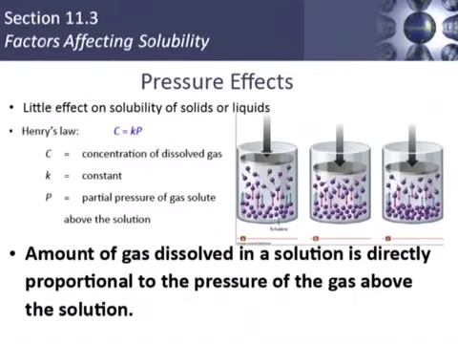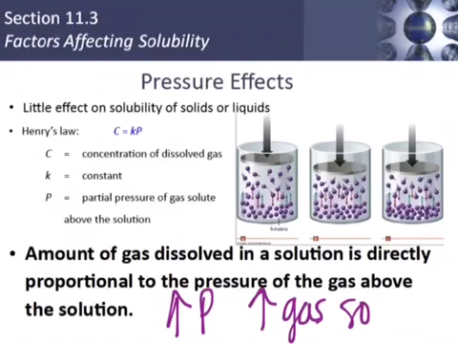Pressure: solubility is directly related to the amount of pressure. If I increase my pressure, I increase the solubility of my gas. Think of this as your soda that's been sitting out.